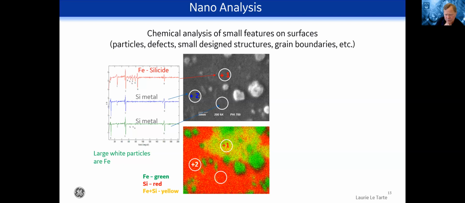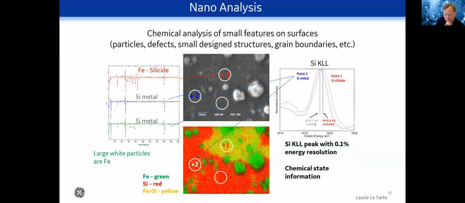With the Auger instrument, we have high energy resolution, so we can do chemical state analysis. We see the silicon KLL peak shift when going from the silicon metal to the silicon silicide.